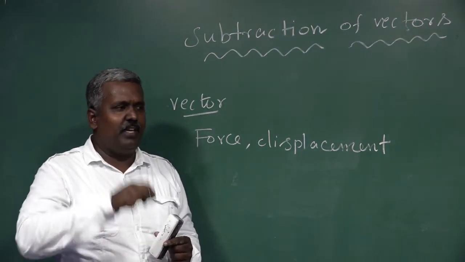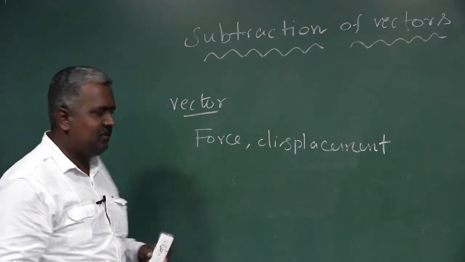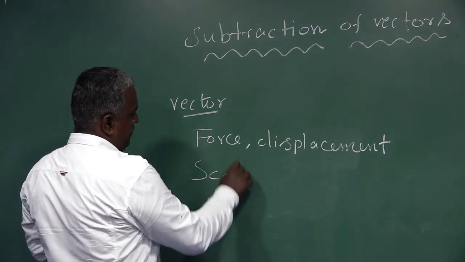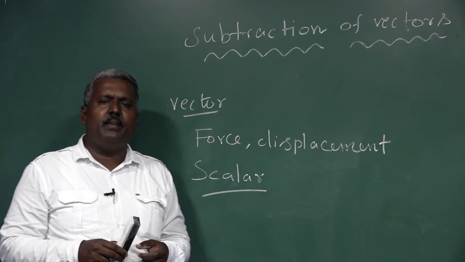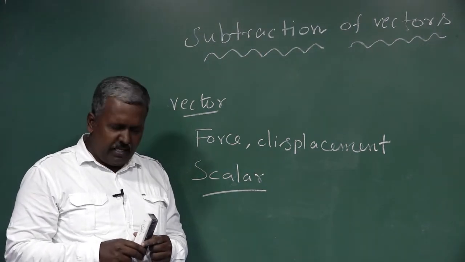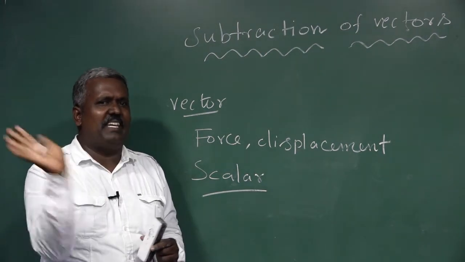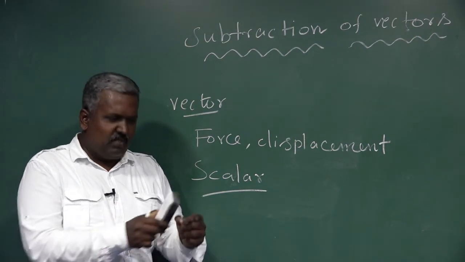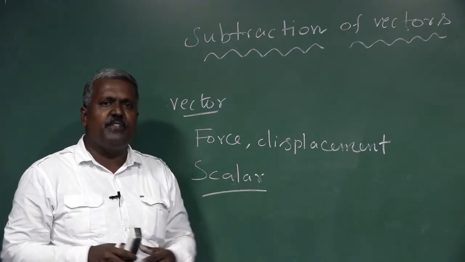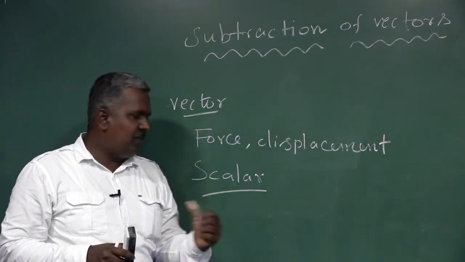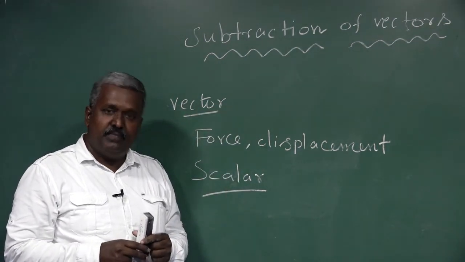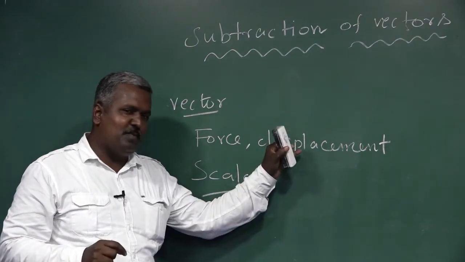Clear? Okay. What is scalar? It is a quantity described by only magnitude. There is no particular direction. So this is a small difference between vector and scalar. What is the example for scalar? Distance, not displacement.